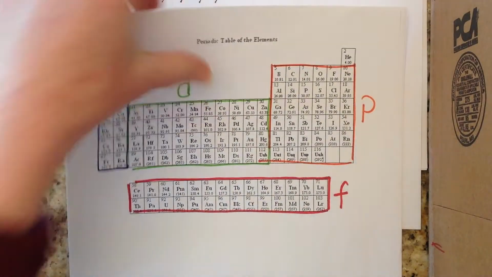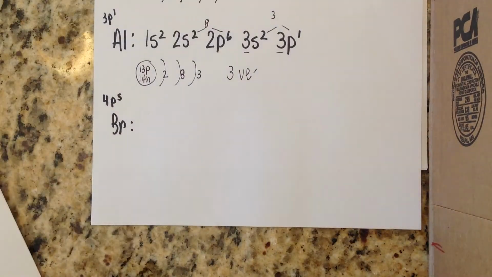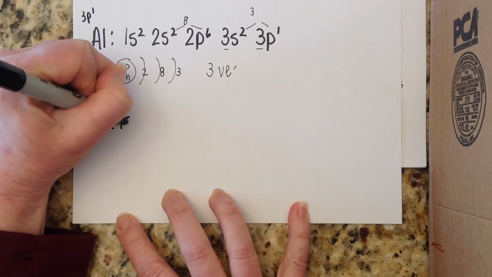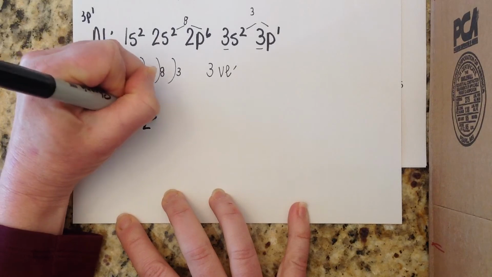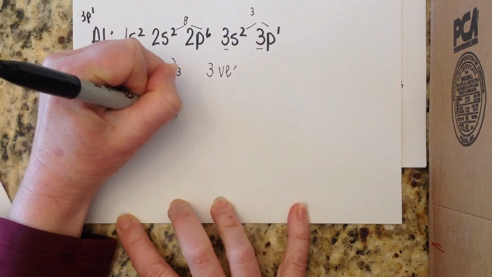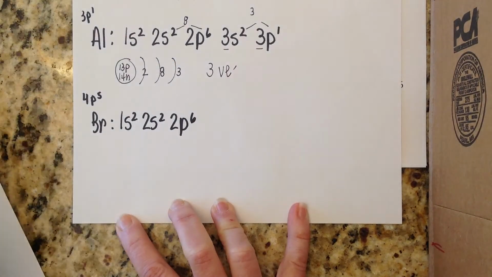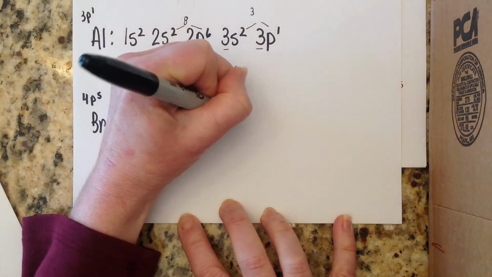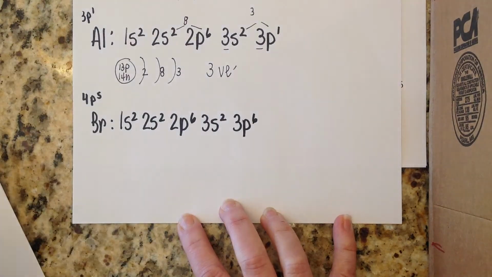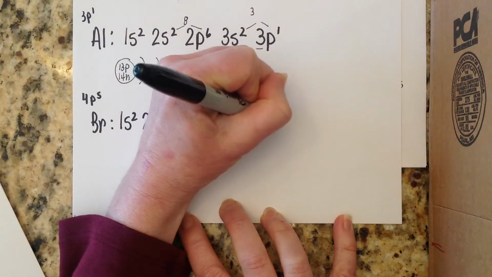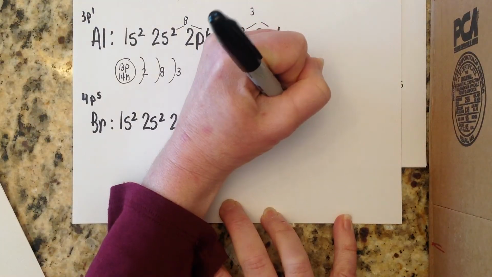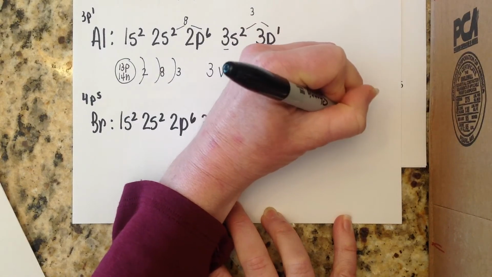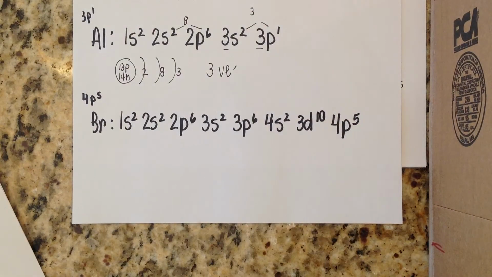So let's write that down together. 1s2, 2s2, 2p6, 3s2, 3p6, 4s2, now we're going to drop back to 3d10 and then to 4p5, and that puts us at bromine.